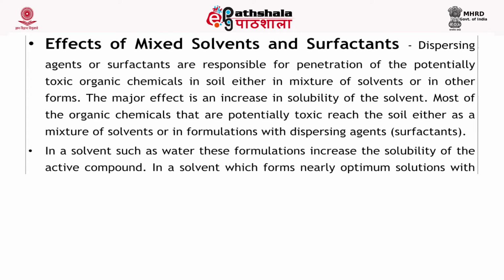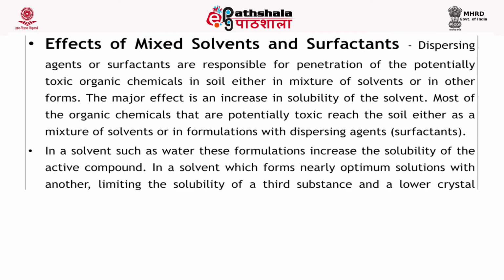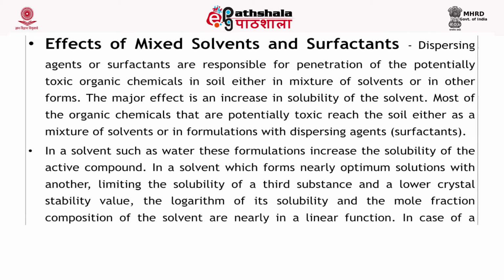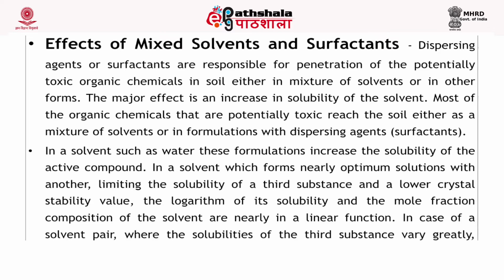In a solvent which forms a nearly optimum solution with another, limiting the solubility of a third substance and a lower crystal stability value, the logarithm of its solubility and the mole fraction composition of the solvent are nearly in a linear function.